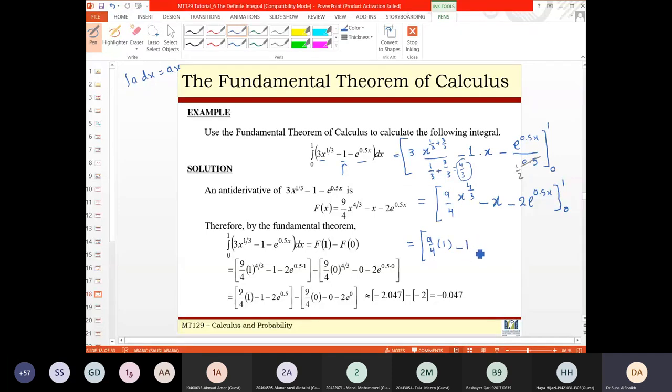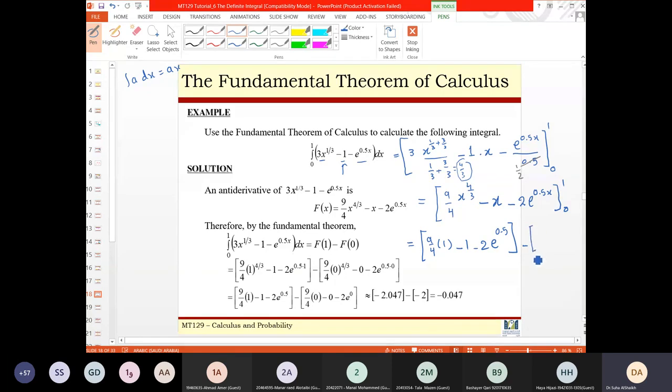Minus 1 minus 2 exponential now, and the x is 1, so this is to the power half only it will be, and this is the substitution with 1 صح?